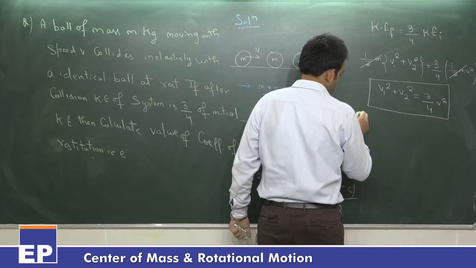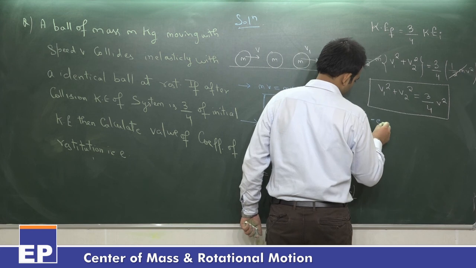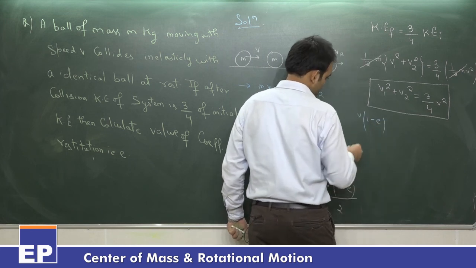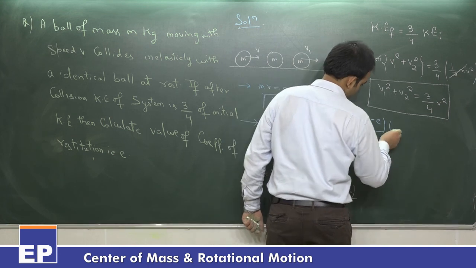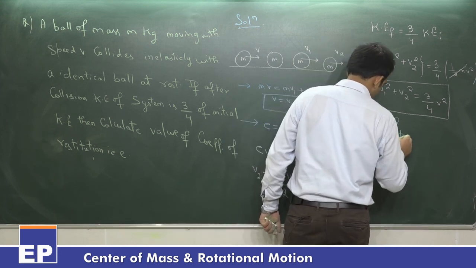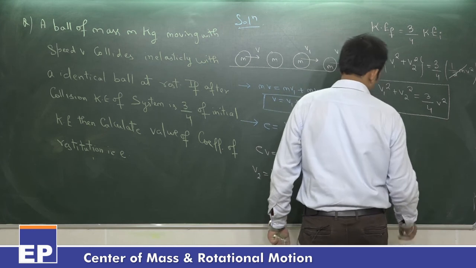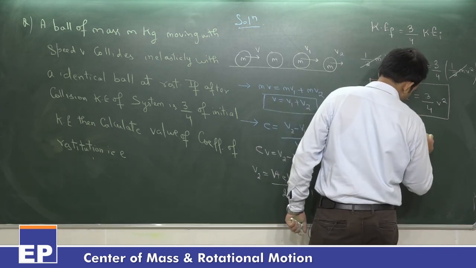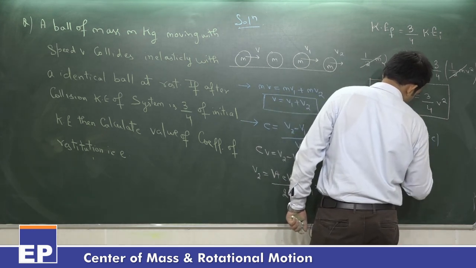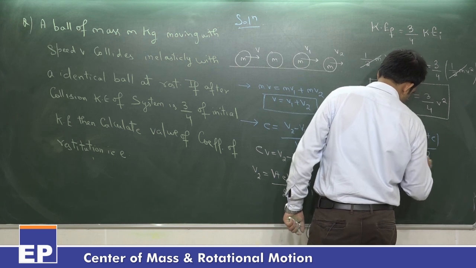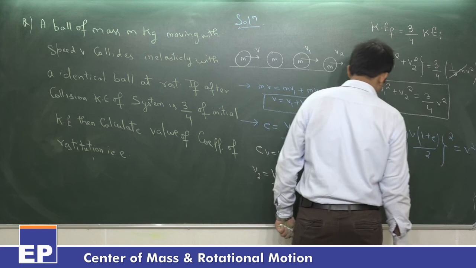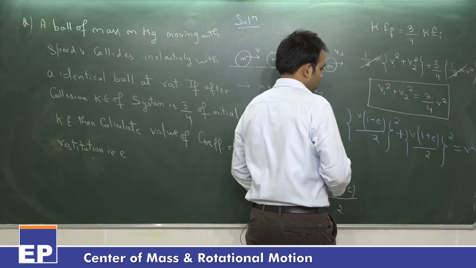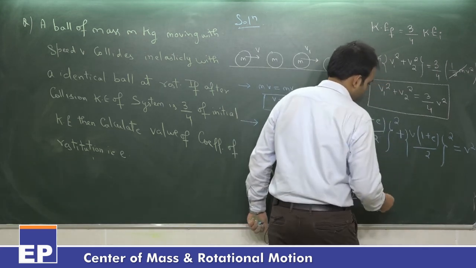V1 is, and what is V2? V squared will cancel out. This will become 4, this will become 4, 4 will go to the other side.